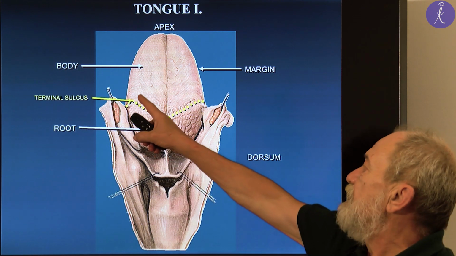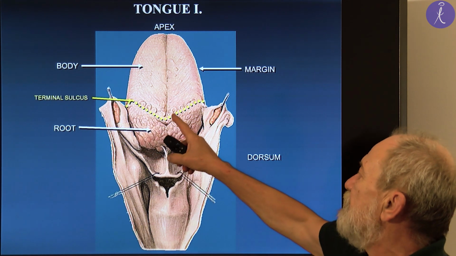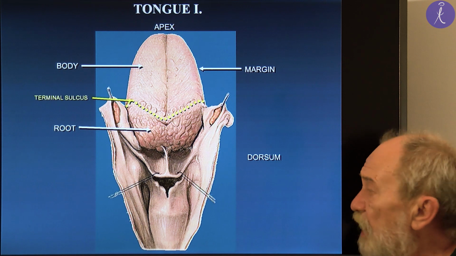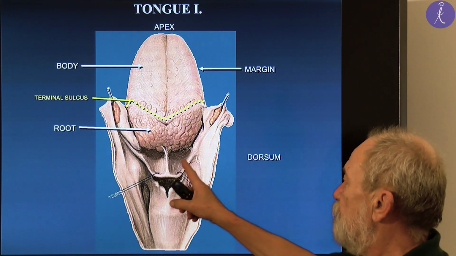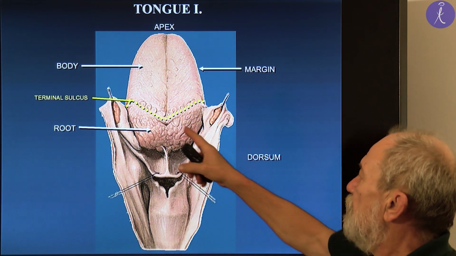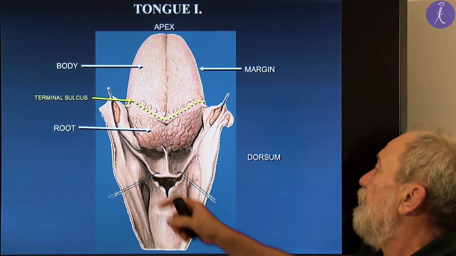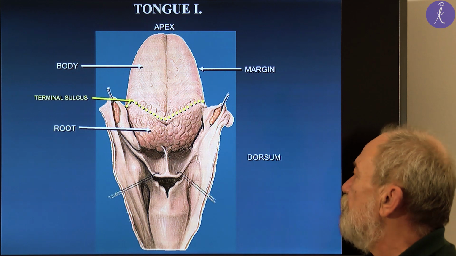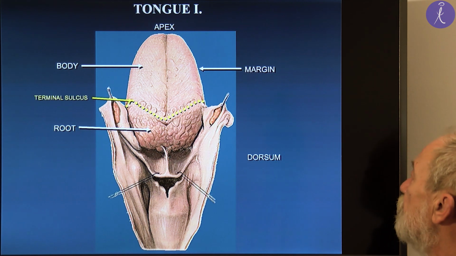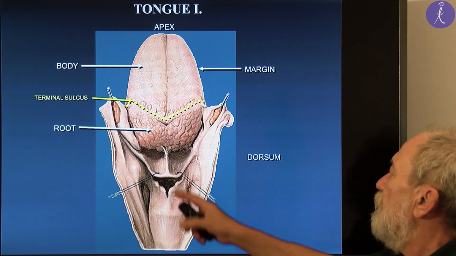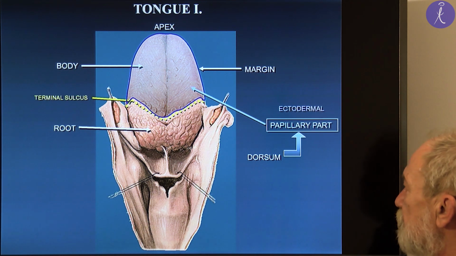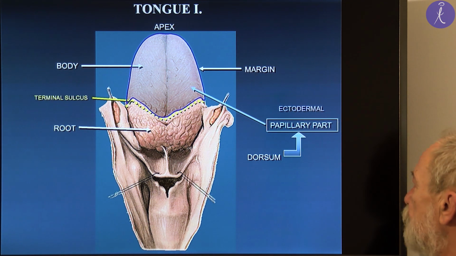A single row of the biggest lingual papillae, don't mix them with the lymphatic follicles here. These biggest ones, the circumvallate papillae, are aligned with the terminal sulcus. These are very easily characterized. The anterior part, according to the appearance, is called papillary.